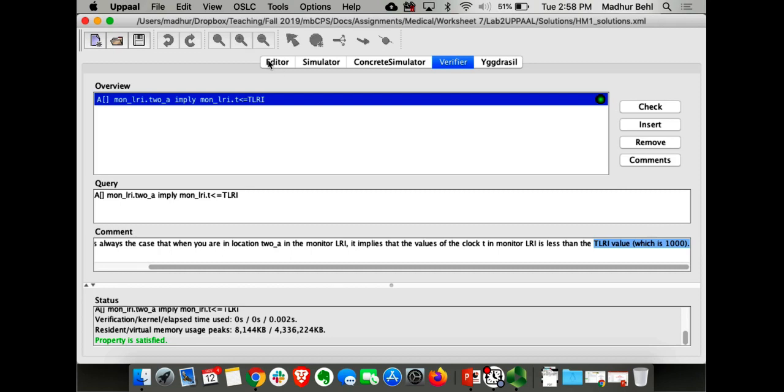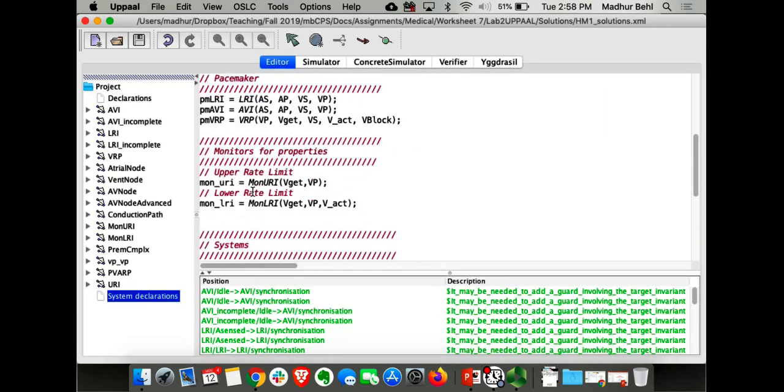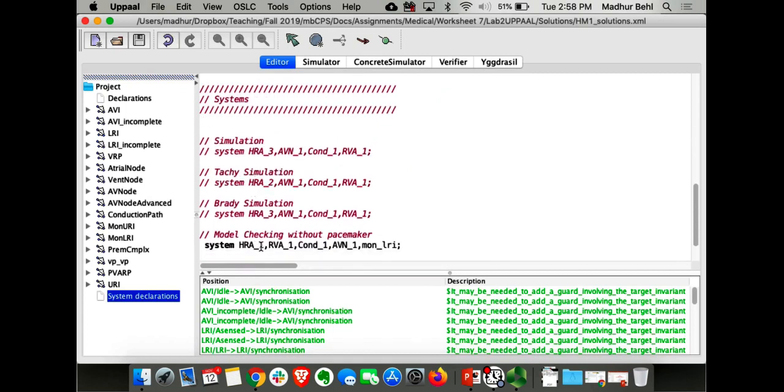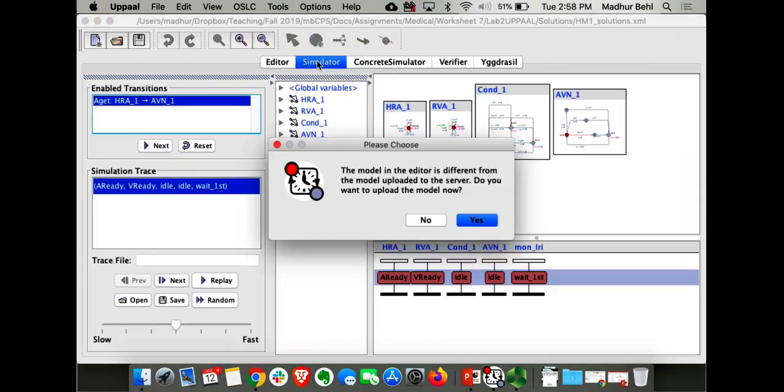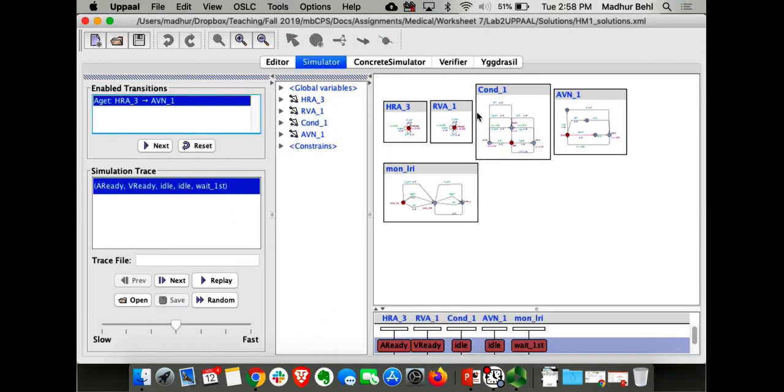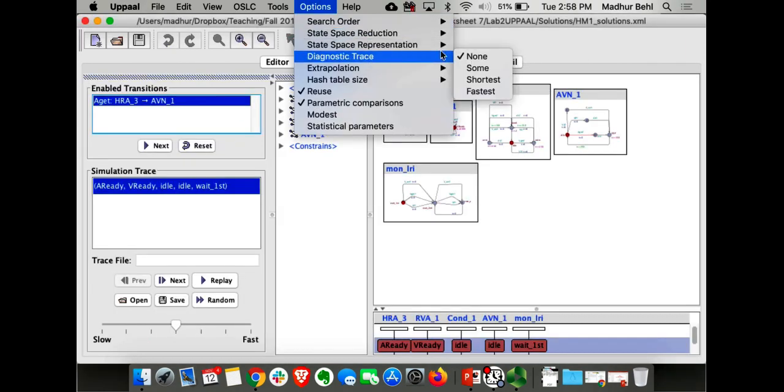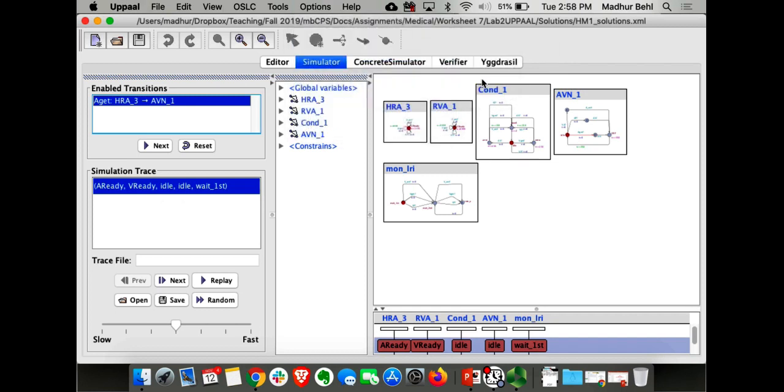So very quickly, if I go back to the system and change this to a bradycardia node, where the heart rate is slower than 1 second, all I have done is change HRA1 to HRA3. 3 is my coding for bradycardia. And now let me turn on the diagnostic trace to, let's say, shortest.